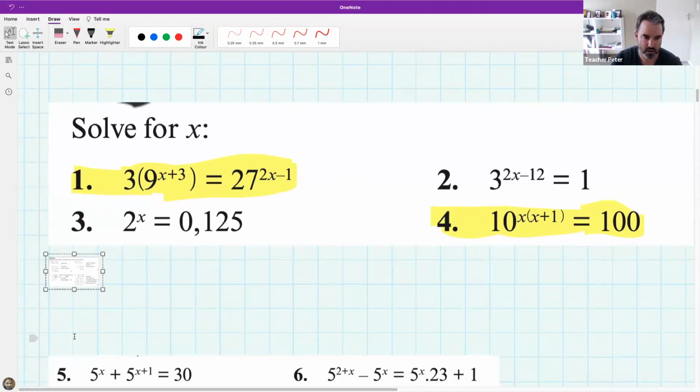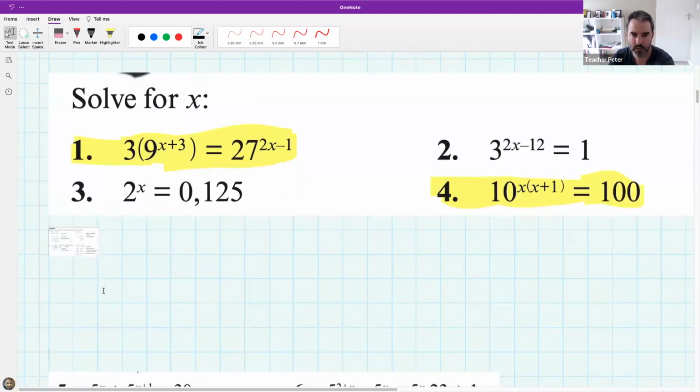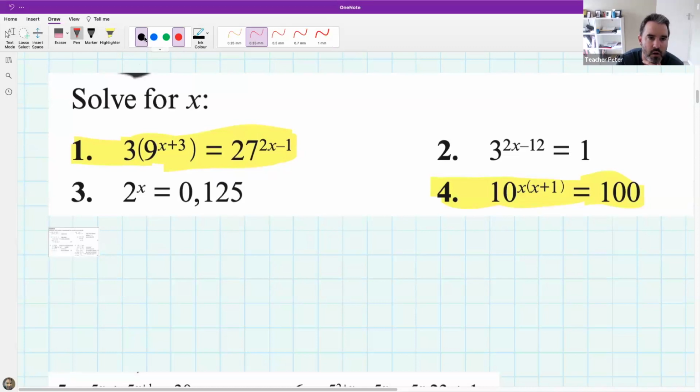Number 1. So I think now we have to be very careful because that 9 is here. And then the x plus 3 is actually sitting in its own bracket, which is properly sneaky.